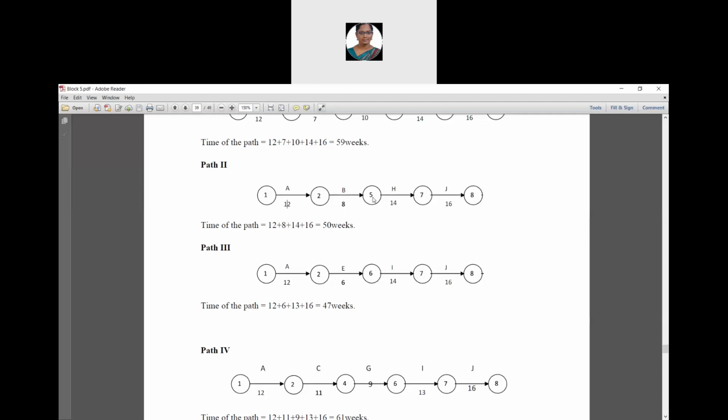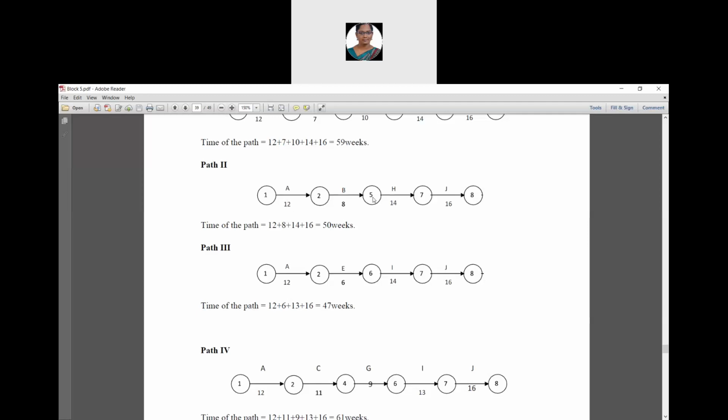Then 7 to 8 is having an activity J and its time duration value is 16. So time duration value for path 2 is addition of all these time values. It is 12 plus 8 plus 14 plus 16, 50 weeks.